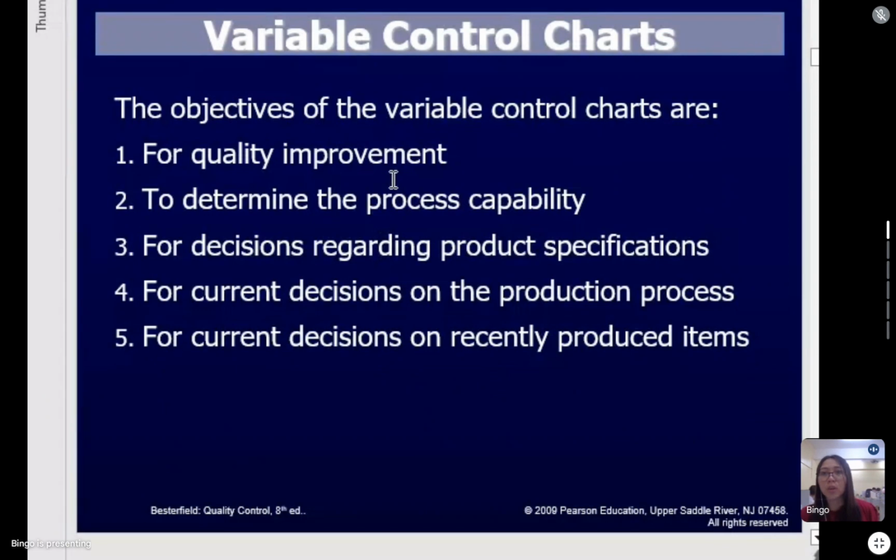So, what are the objectives of the variable control charts? Let's have number 1. Kindly read nga, Eliza May. Variable control charts. The objectives of the variable control charts are for quality improvement, to determine the process capability, for decisions regarding product specifications, for current decisions on the production process, and last is for current decisions on recently produced items.